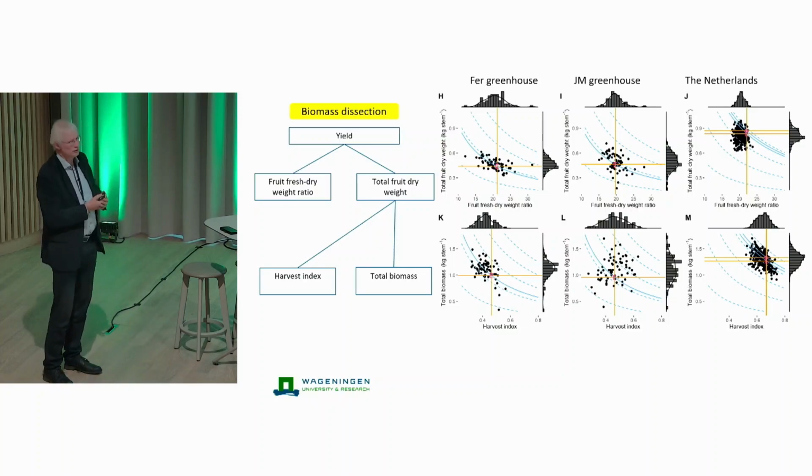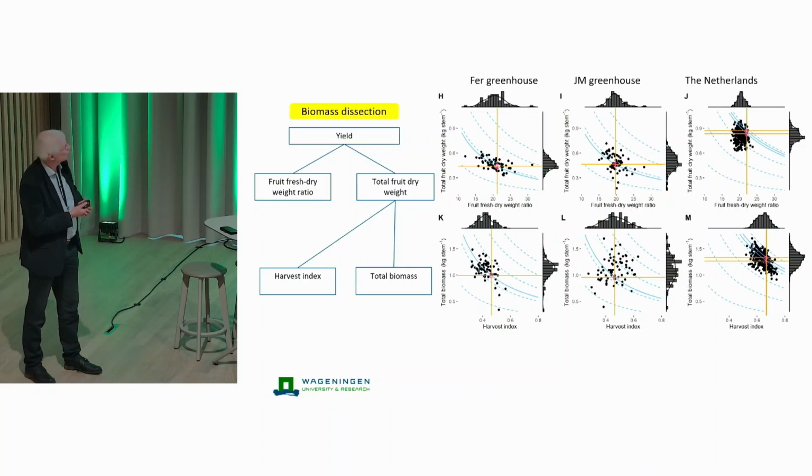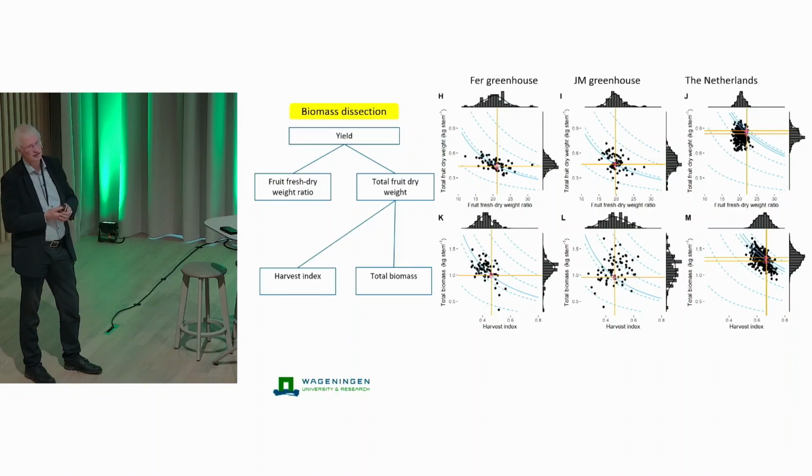Then I have similar graphs, but a bit smaller, so I hope you can still read them, for the biomass dissection, for the three conditions we had: the two Spanish greenhouses and the Dutch greenhouse. On the top we plot the total fruit dry weight against the fruit fresh dry weight ratio.